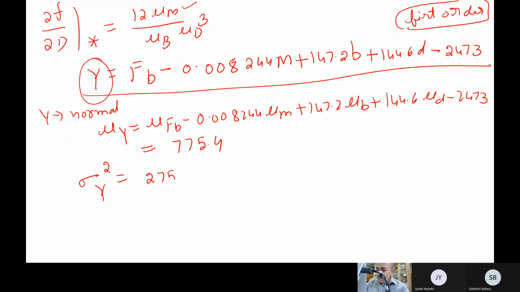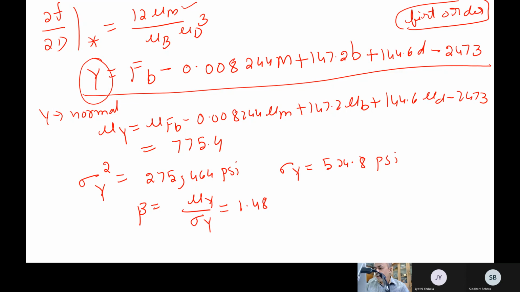You will get 275.465, and then sigma of Y is the square root of 524.8. Substitute all those things and you will get this. And the reliability index, which is mu by sigma, turns out to be 1.48.